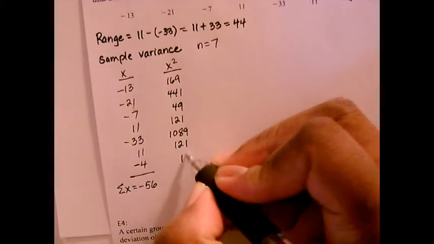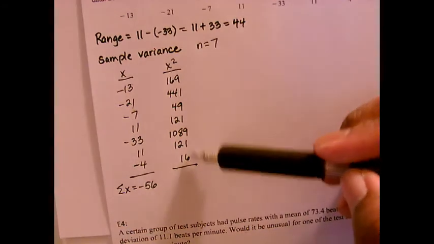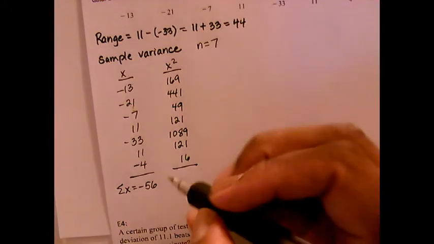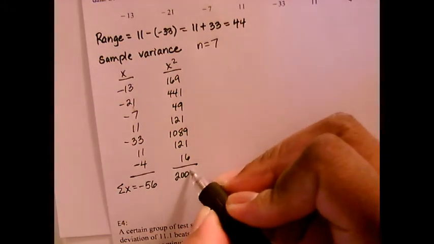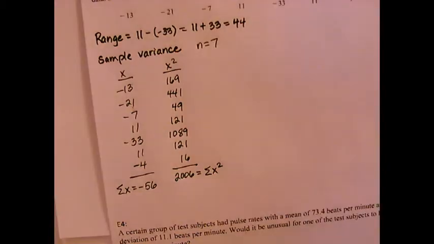Negative 4 squared will be a positive 16. So we'll go ahead and take the sum of these individual x squared values here. Okay, so if you add those up, you'll get 2006. And that represents the sum of your x squares.